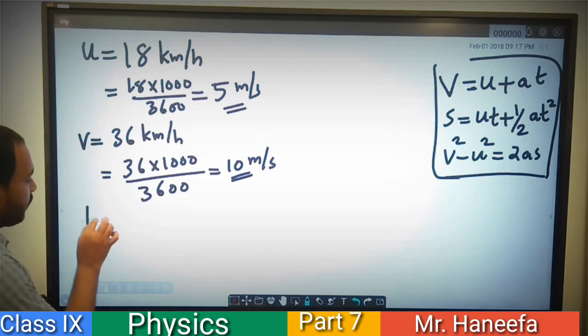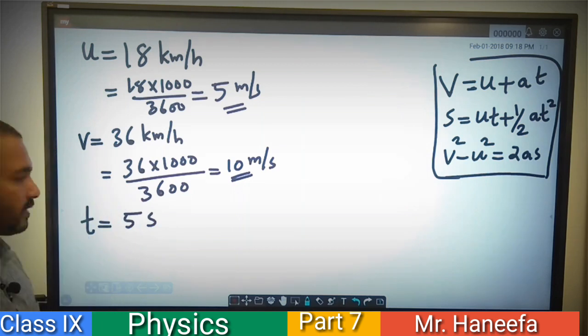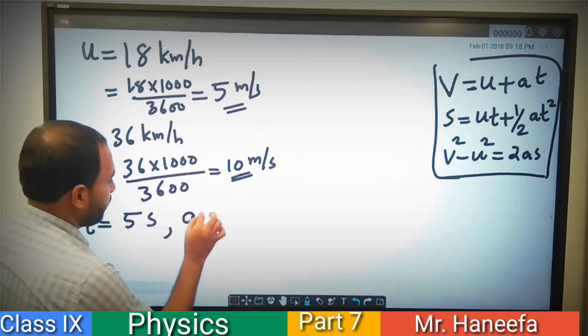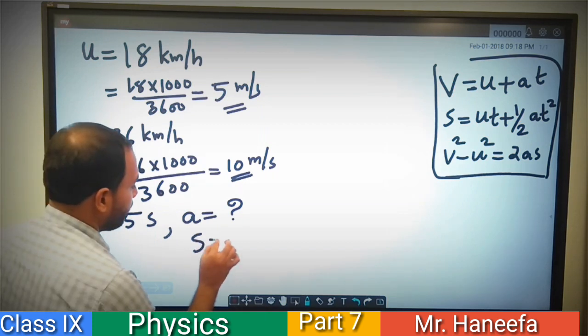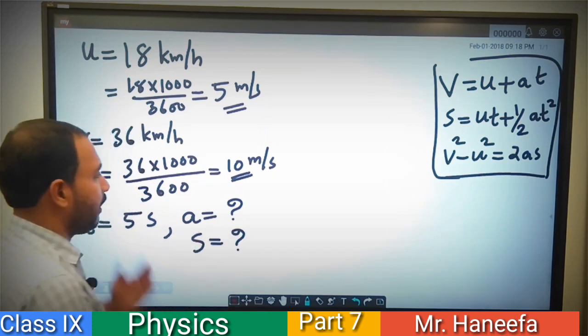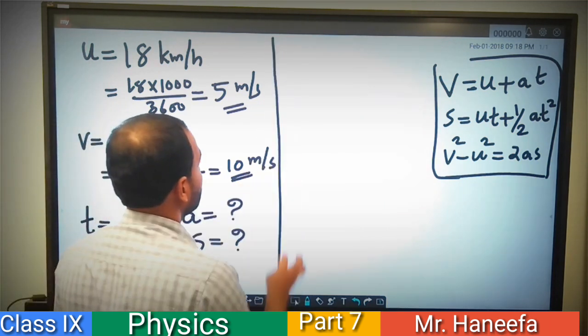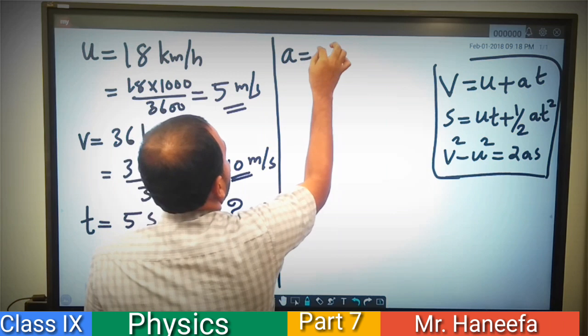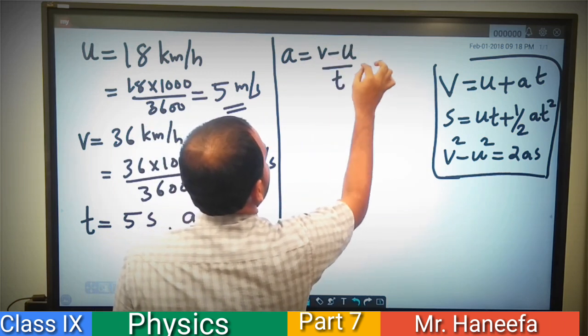Then from the question, what is t? t equal to 5 seconds. We have to find acceleration and distance covered. What is the equation to find acceleration? a equal to (v minus u) by t.